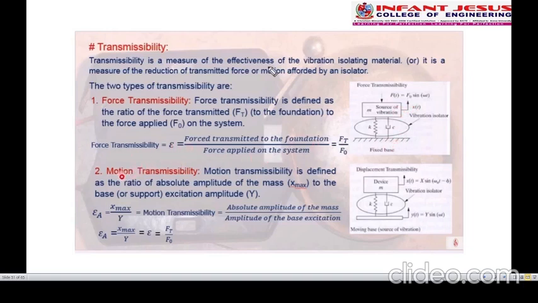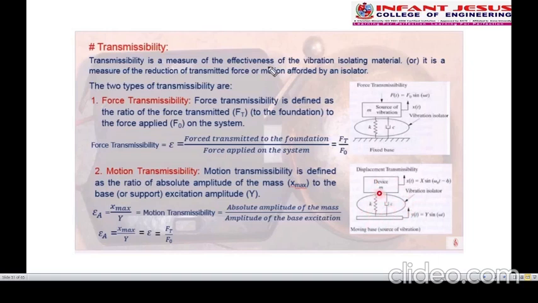Similarly, for motion isolation, which we have studied, the same principle applies to motion transmissibility. Here this is the source, and from here the vibration is transmitted in the upward direction to the device, through the spring and the damper, which are the vibration isolators.